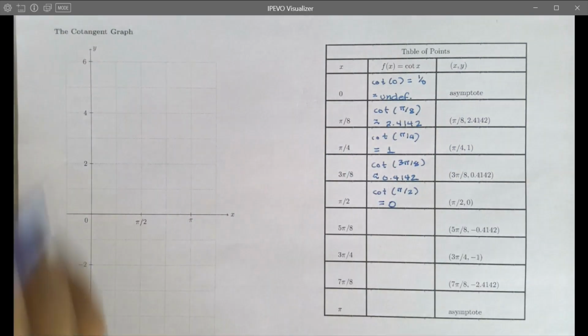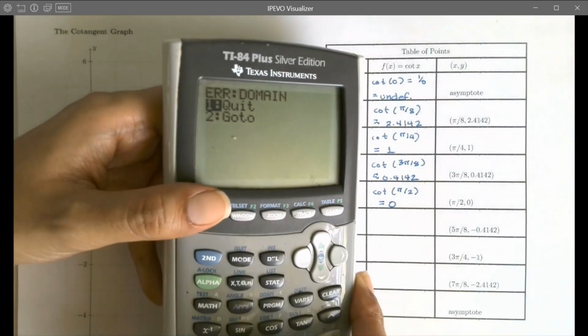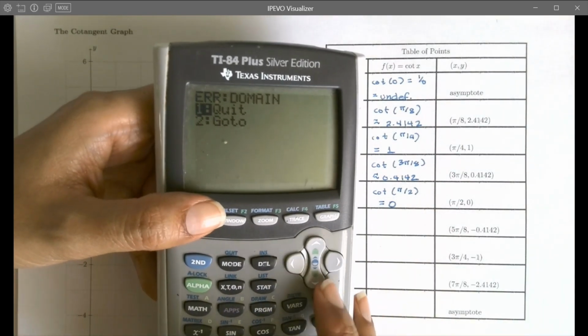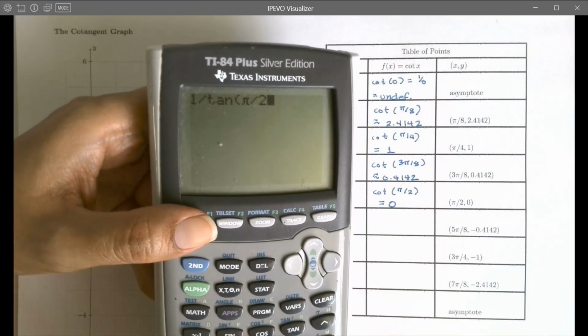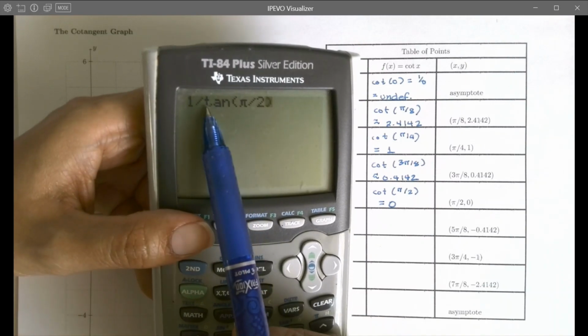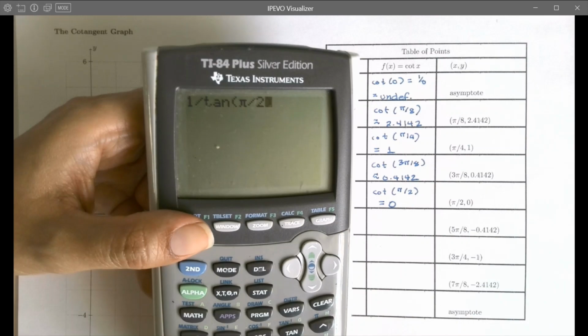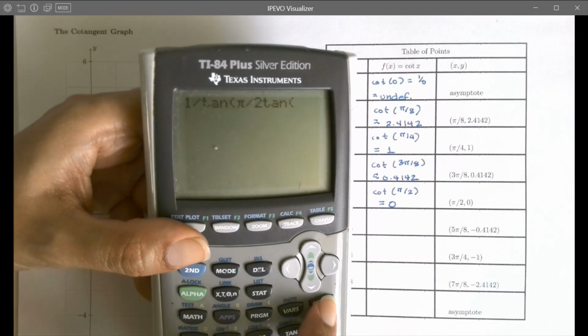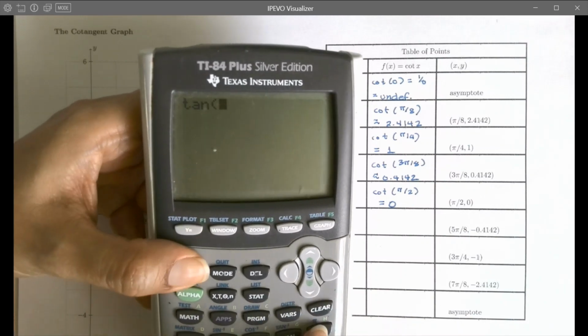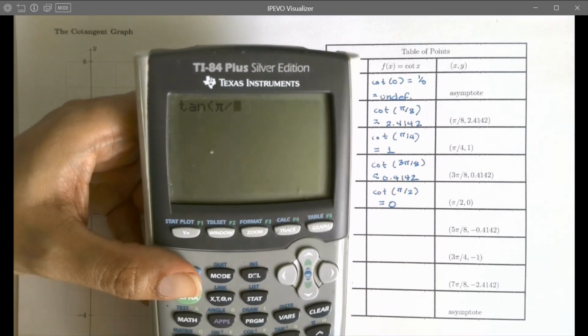Now, why did we get a domain error on the calculator then? Well, here's why. If we go back to what we punched in, we actually have 1 over tangent of pi over 2. So what the calculator does is it first determines what is tangent of pi over 2.